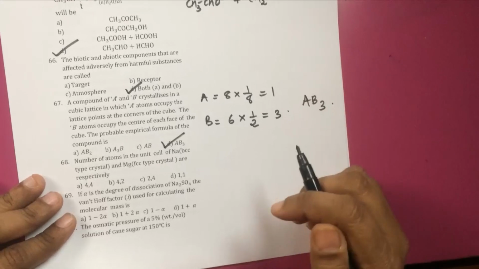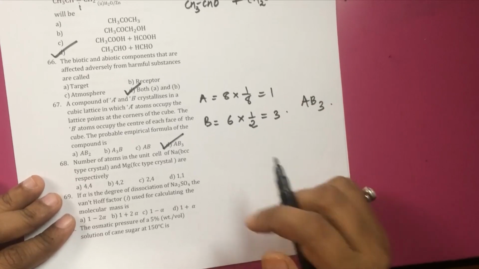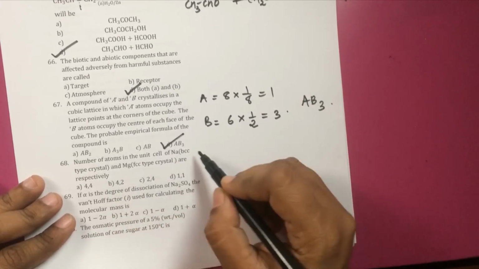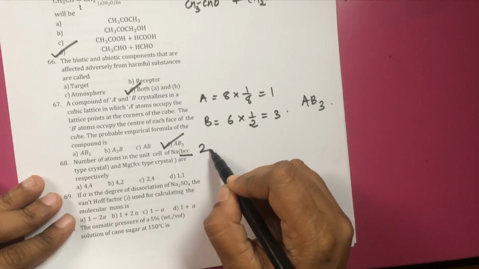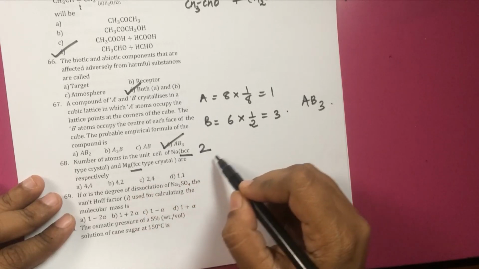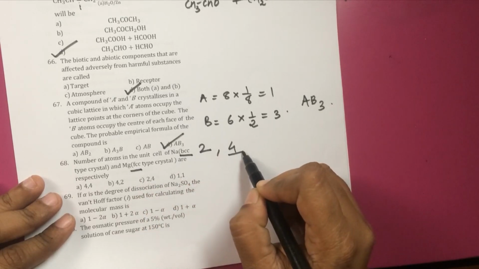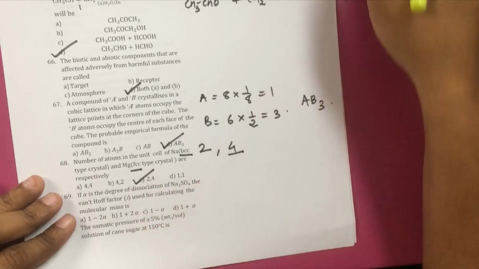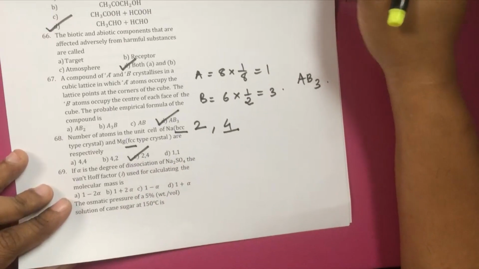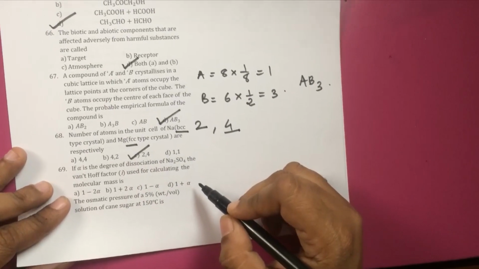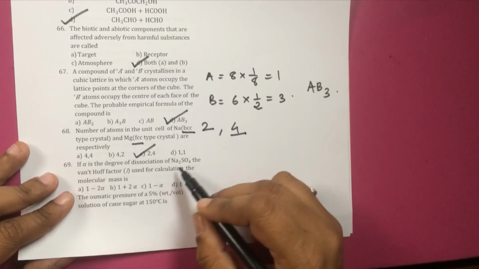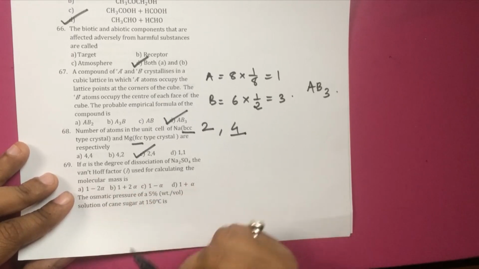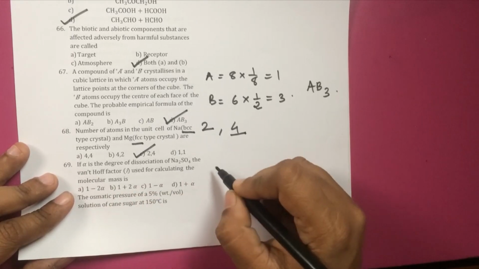Question number 68. The number of atoms in the unit cell of sodium and magnesium. Sodium is BCC, therefore it will be 2, and magnesium is 4. Therefore 2 and 4, option C. Question number 69. If alpha is the degree of dissociation of Na2SO4, we need to calculate the Van't Hoff factor.